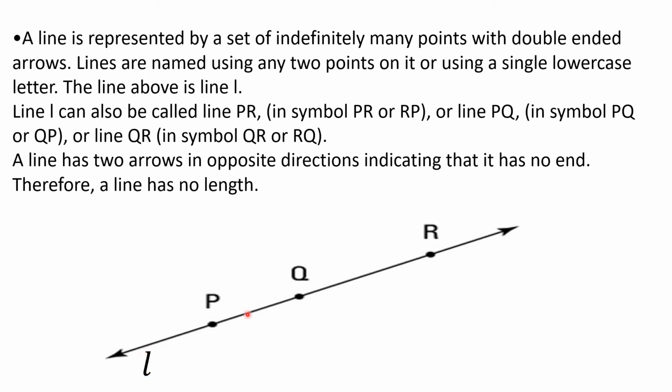So we have here line L instead of line PR or line PQ. So we can use lowercase. Take note, class, that a single line is composed of many points. So it is not only 3 points that we see on a line. It is possible that there are many points.